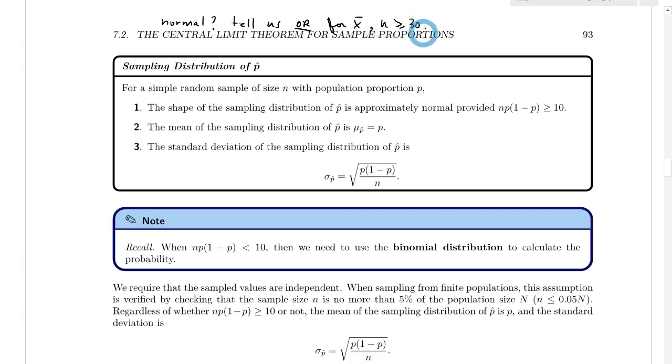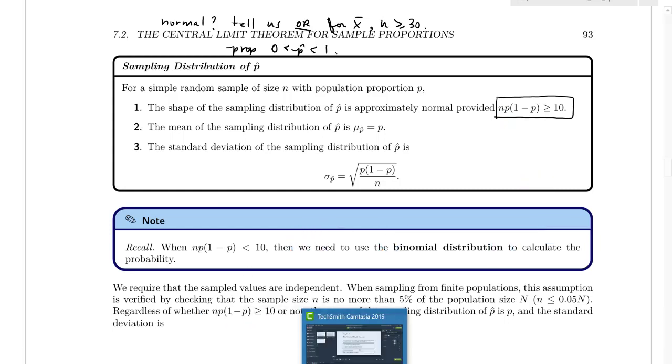Well, that doesn't make sense for us now because with proportions, it's always going to be between 0 and 1. So how do we determine, if they don't tell us that the population is normal, to be able to assume that the population is approximately normal? Well, not to worry. Mathematicians always have tricks up their sleeve. So we say that the shape of the sampling distribution is approximately normal by calculating, and we discussed this in the binomial distribution section, chapter 4 or section 4.3, a little bit towards the end.